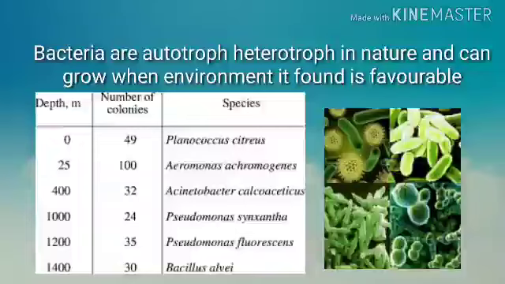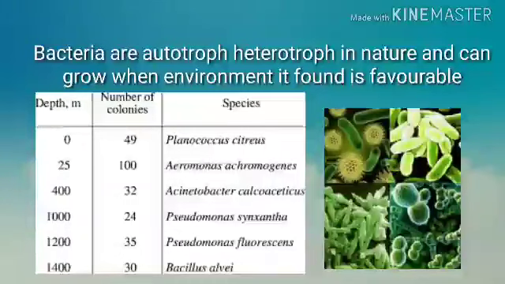So the environmental factors are very essential and important in the growth of bacteria. Bacteria can grow when and only when the environmental factors are favorable for them. If the environment is not favorable, they can't grow.